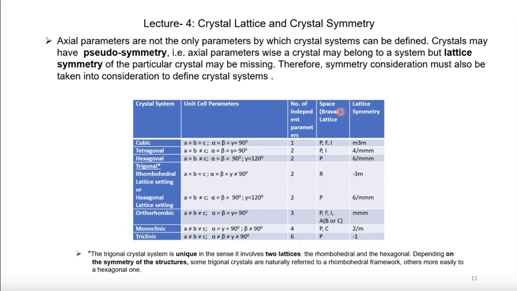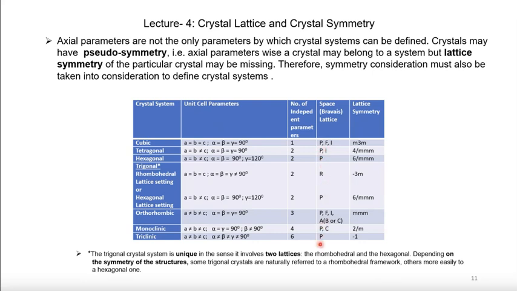If you remember, we said that we have 14 Bravais lattices. So the cubic system must have primitive, face-centered and body-centered lattice points, and so forth.